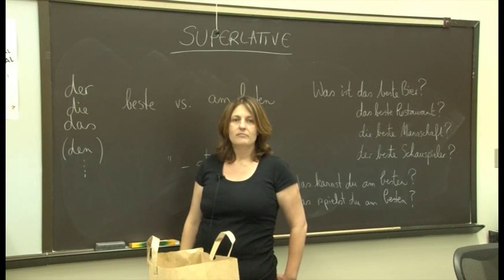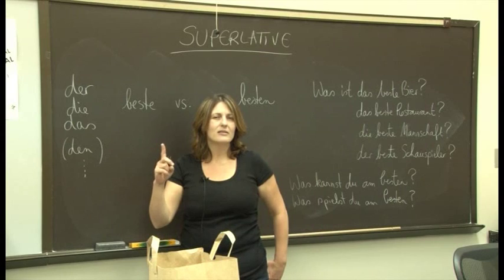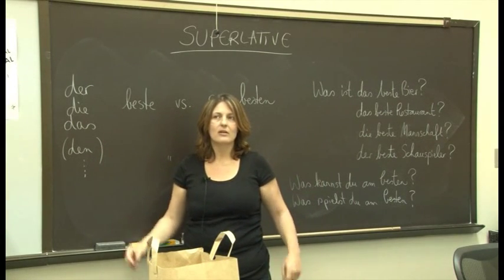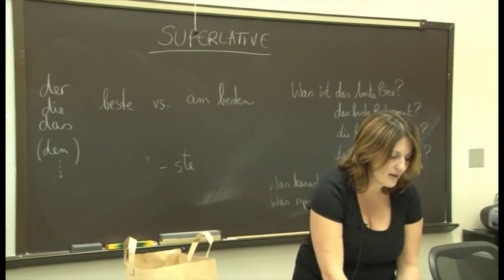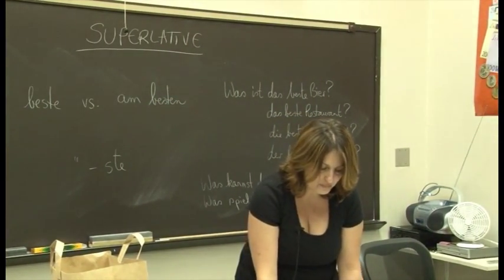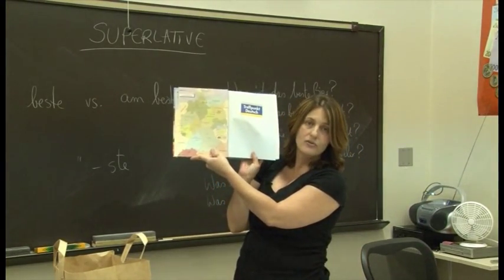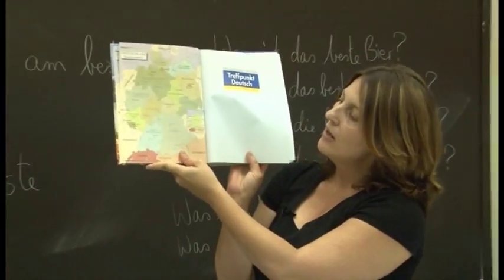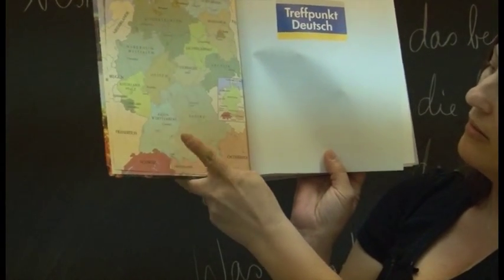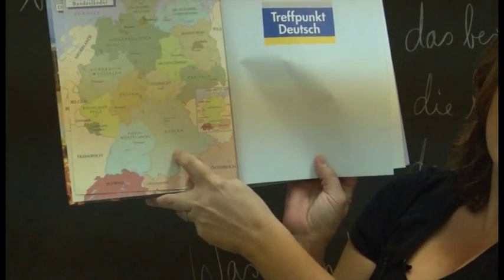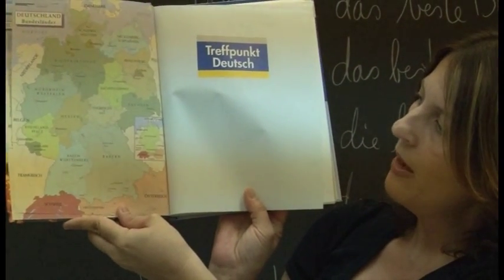Okay, let's do one more example with das. Something neutral, ja? Das Land, okay? Das Bundesland. Was ist das größte Bundesland? Schaut mal in eure Bücher rein. Hier sind die Bundesländer, ja? The German states, die Bundesländer. Und was ist das größte Bundesland? Bayern. Ja? Bayern ist das größte Bundesland. Gut?